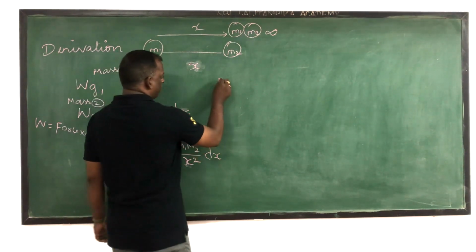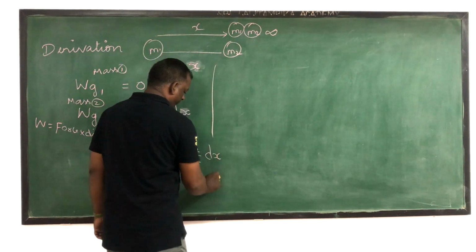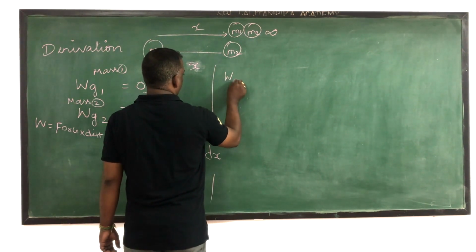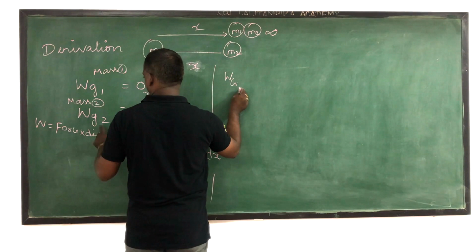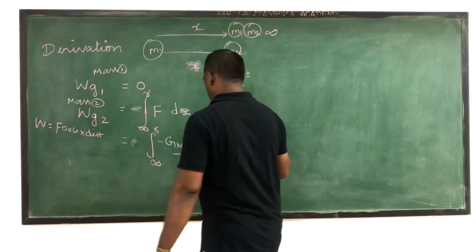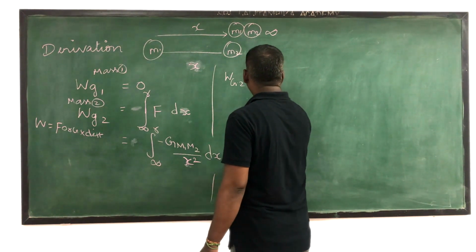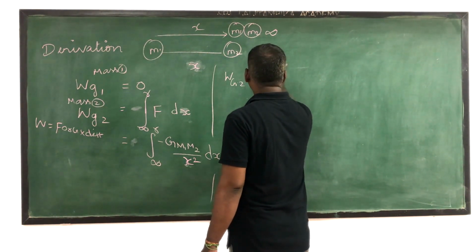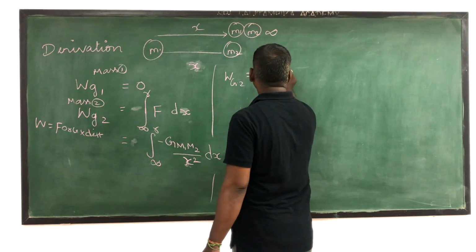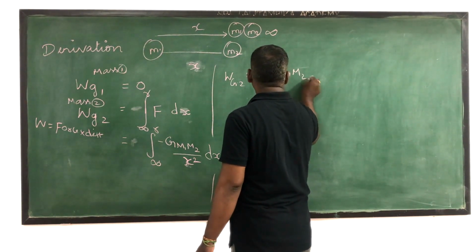Then, if you take this as constant, so work done by the gravitational force, which is equal to the integration of minus G m1 m2.